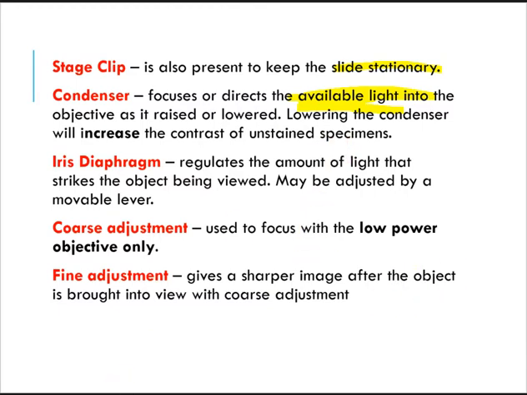Take note, this is an inversely proportional relationship. Lowering the condenser will increase the contrast of your unstained specimen. When you lower your condenser, the light that passes will increase the contrast of your unstained specimens.